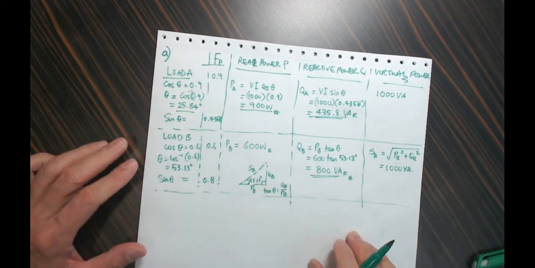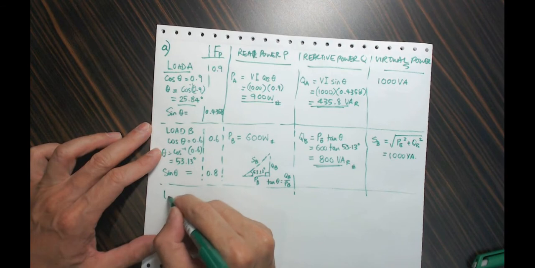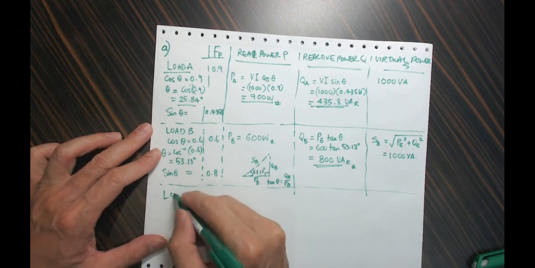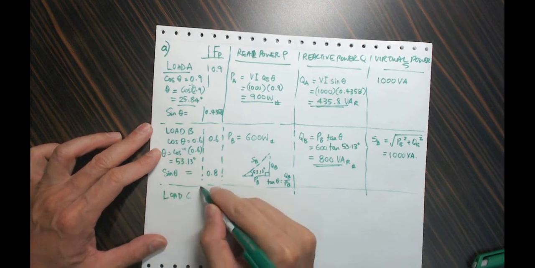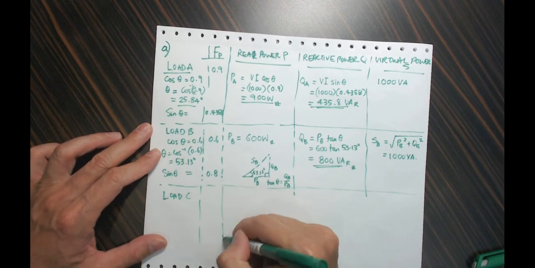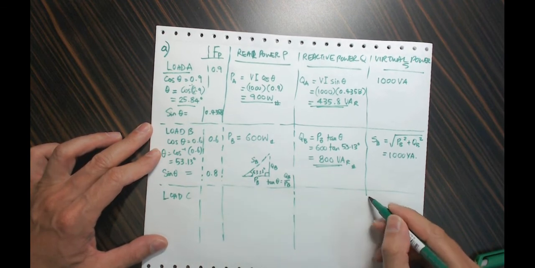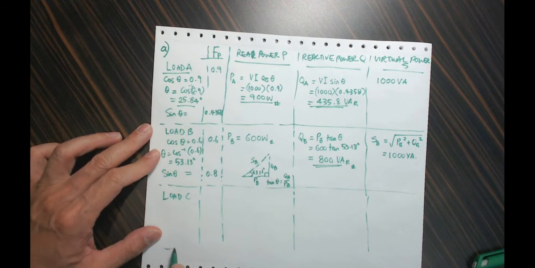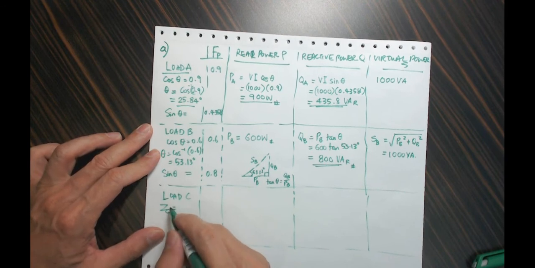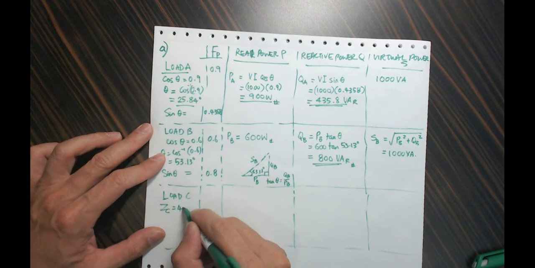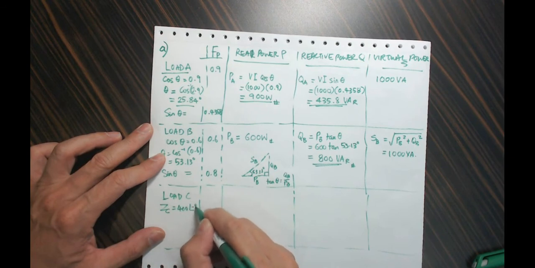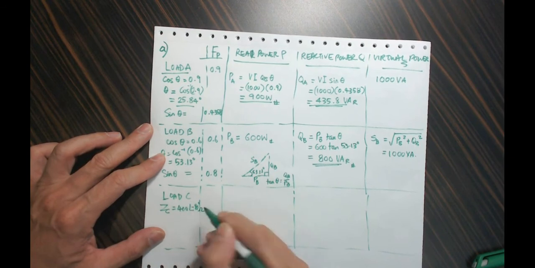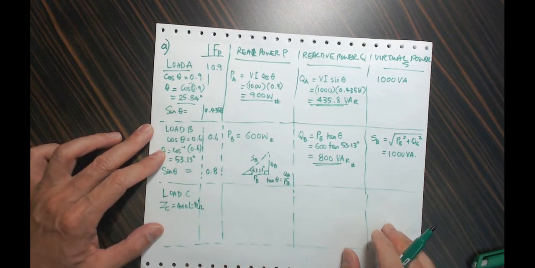And finally, load C. For load C, instead of the power or the complex power being given, I'm just given the impedance ZC, which is 400 at an angle of minus 90 degrees ohms.